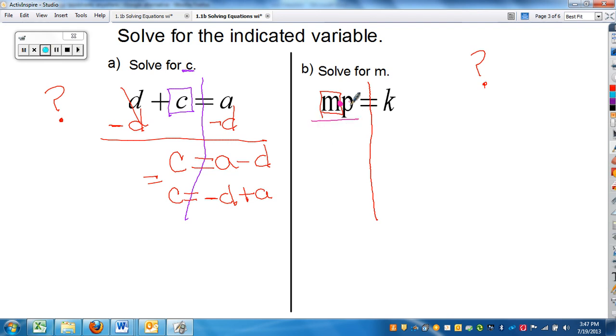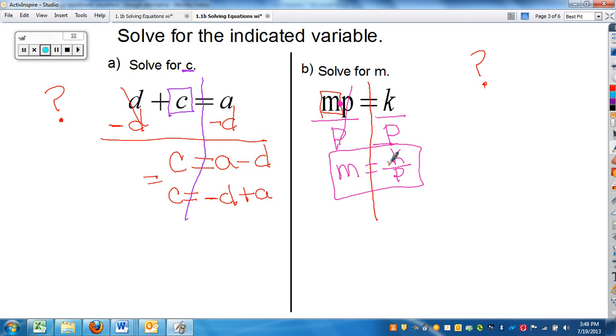So since I am moving p, I need to divide by p. Again, what you do to one side, we need to do to the other. The p's simplify to 1 or cancel out. So I have 1m or m equals k divided by p.